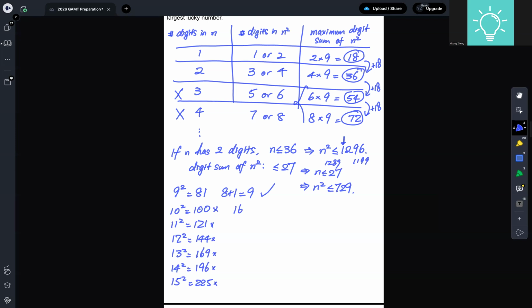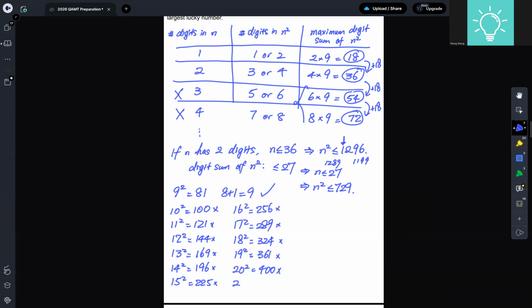I can keep testing. 16 squared is 256. 17 squared is 289, and 8 plus 9 is 17, so the sum is 19. 18 squared is 324, that's 9, not 18. 19 squared is 361, that doesn't work.